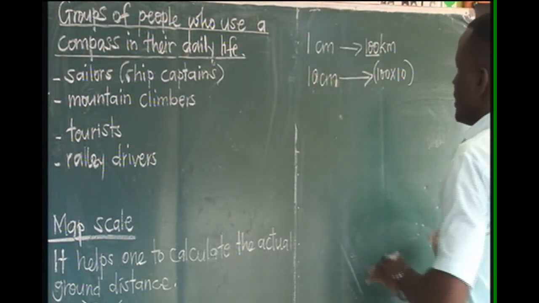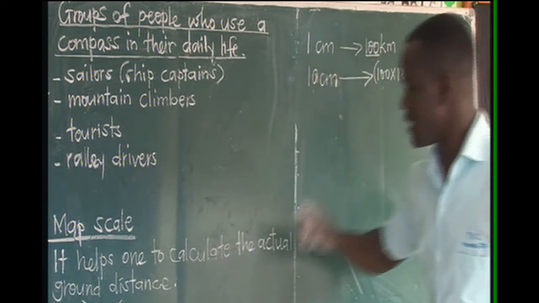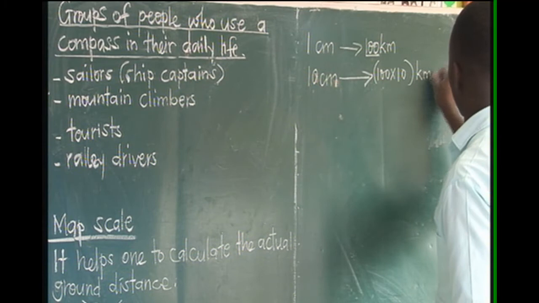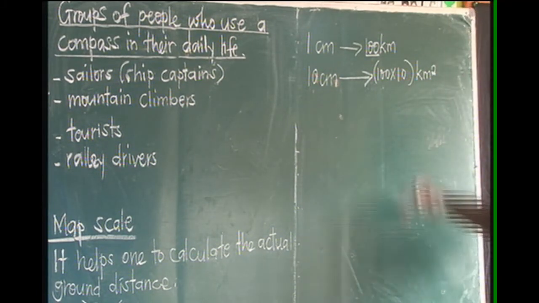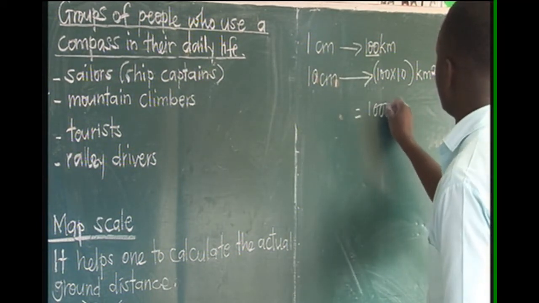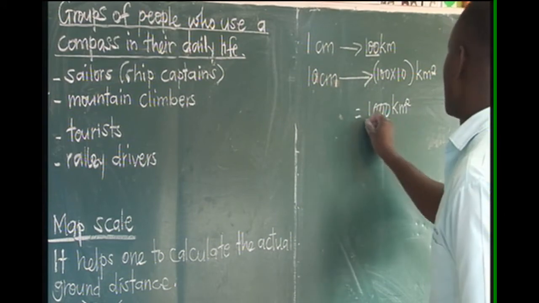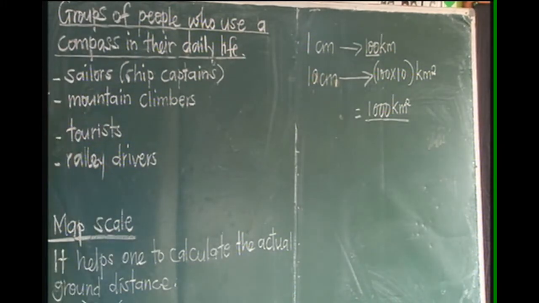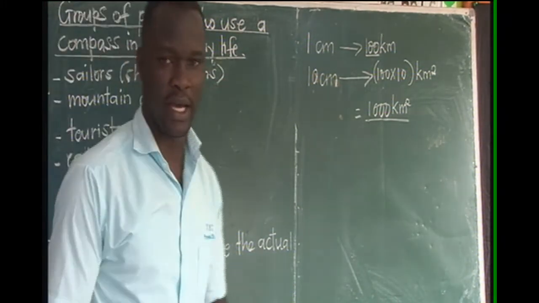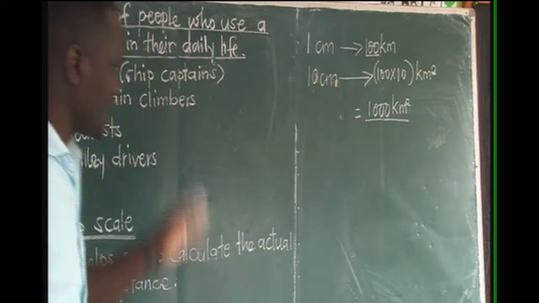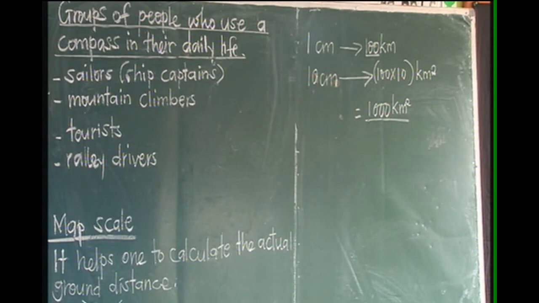The 10 given, we shall multiply it by the scale, that is 100 kilometers, and our answer will now be in kilometers. So when we multiply 100 times 10, we shall be getting 1,000 kilometers. Therefore, the actual ground distance between point A and B is 1,000 kilometers. That is how we can simply calculate the actual ground distance using the scale.